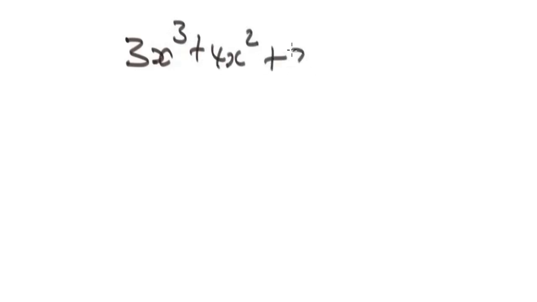The next polynomial we have is what we call a cubic polynomial. An example is, let's say we have 3x cubed plus 4x squared plus 2x minus 5. Having known that this is a cubic polynomial, that's the name of the polynomial. The degree of the polynomial is 3.